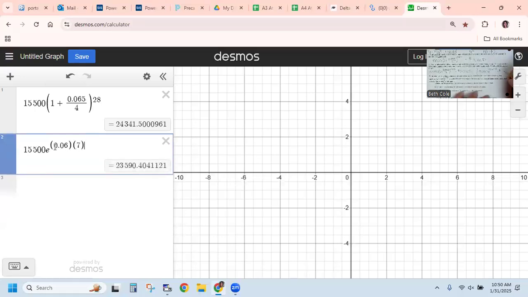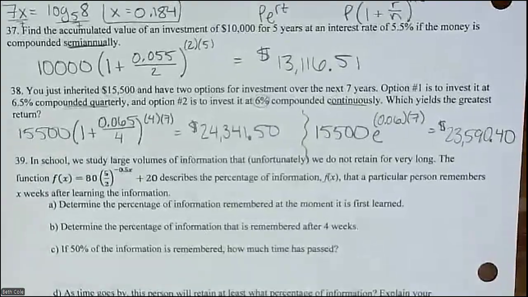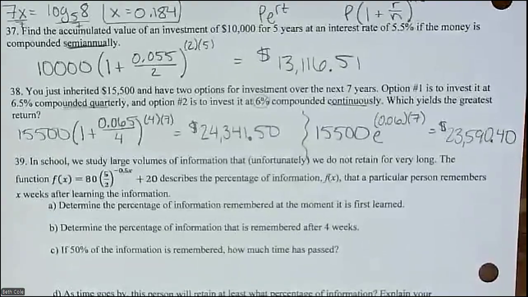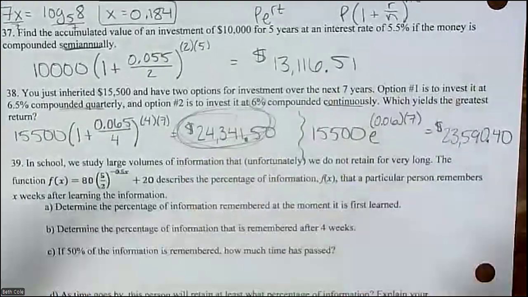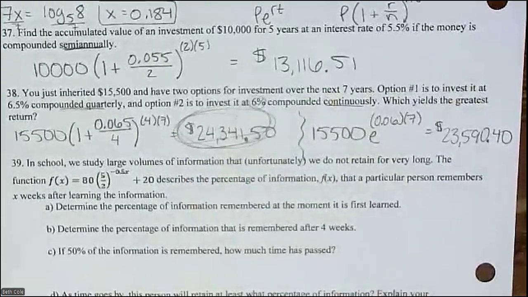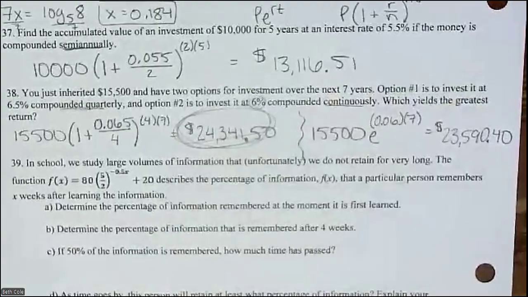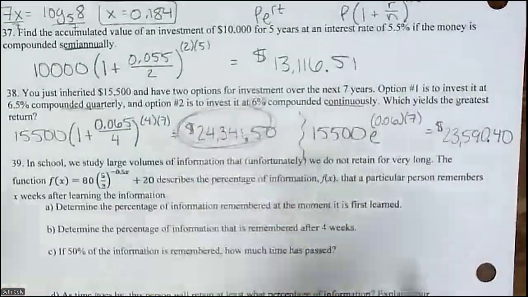That one is 23,590.40. So here's what you need to do. And I don't care how you do this. Probably circling is the easiest way. You have to indicate to me on your test which one is higher. So which is the one we want? The first one. So just circle it or put a star next to it or go, I want this one. In some capacity, you have to tell me that's the better one.